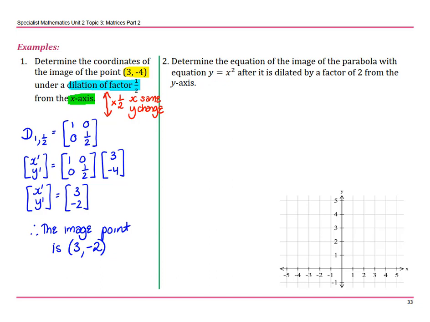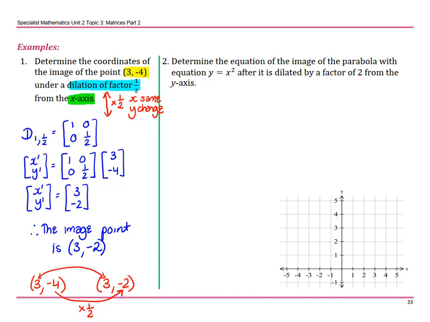Now, if you compare, we started with (3, -4), and we've ended up with (3, -2). So you can see your x stays the same and your y has been times by a half.